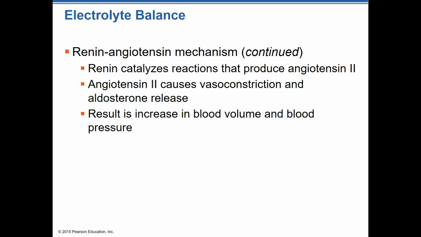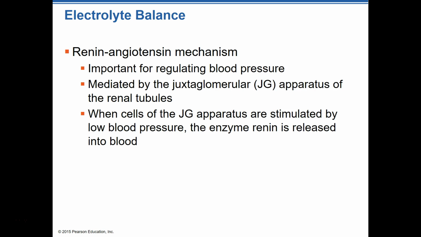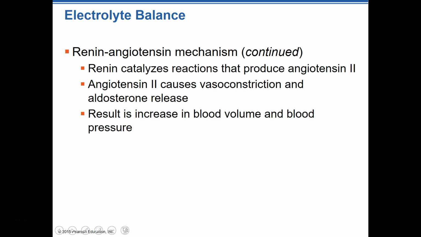So renin gets released. Why does renin get released? Renin gets released because the blood pressure is too low, and the JG apparatus has said, we need more blood pressure, right? More power, more blood pressure. So renin's released. It causes angiotensin I to convert to angiotensin II.